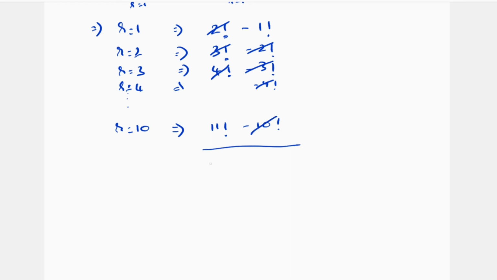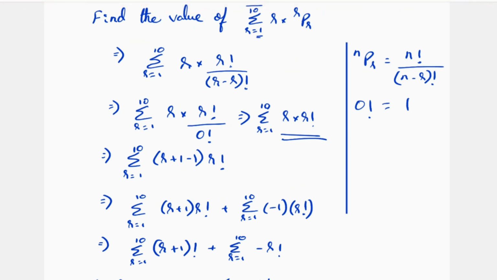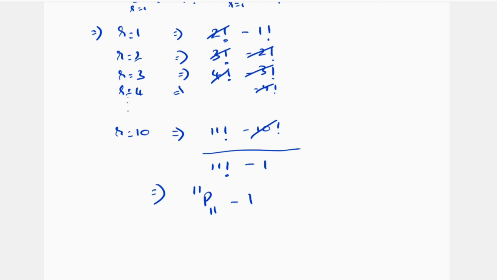I'll be left only with 11 factorial minus 1 factorial, which is nothing but 1. So in other words, I'm left with 11 factorial minus 1, or I can say this is 11P11 minus 1. 11 factorial is nothing but 11P11. So the final answer for the expression summation r equal to 1 to 10 of r into rPr is equal to 11P11 minus 1. I hope this was clear.